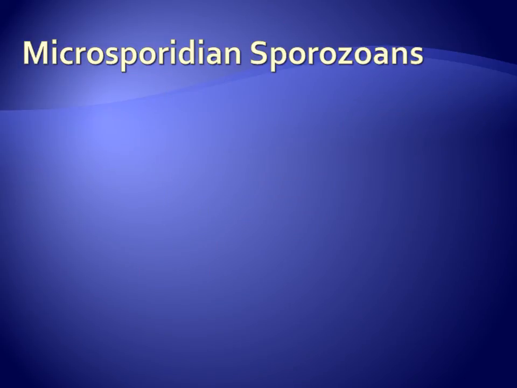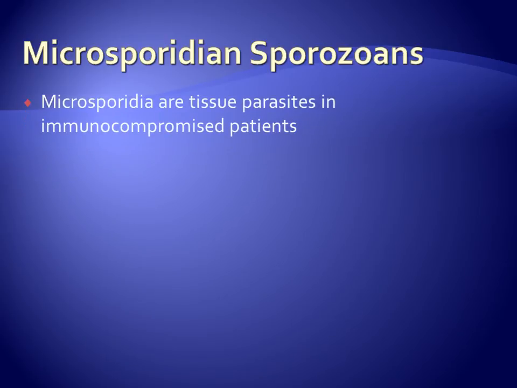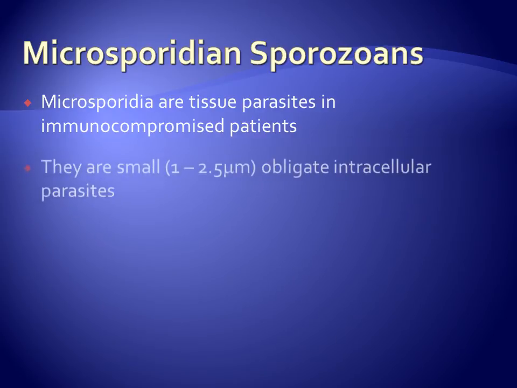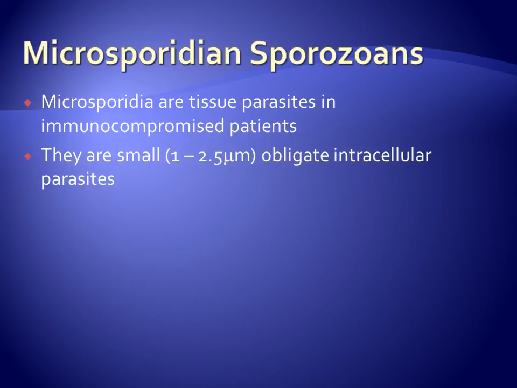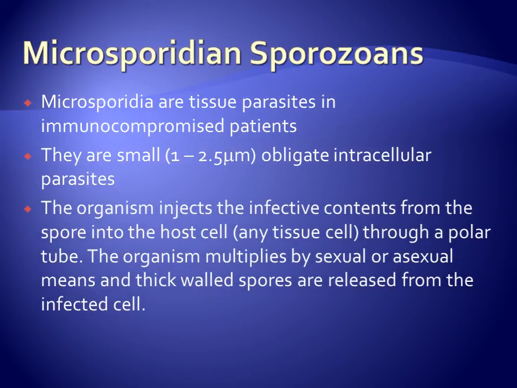Here we're going to introduce ourselves to one species of Microsporidian Sporozoan. The Microsporidia are tissue parasites that are found in immunocompromised patients. They're very small, 1 to about 2.5 micrometers, and they are obligate intracellular parasites. The organism injects the infective contents from the spore into the host cell through a tube.